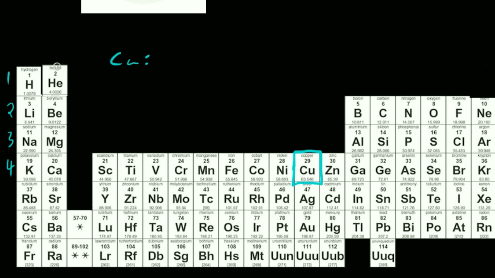So filling up our lowest energy orbitals, we start off with 1s2, 2s2, 2p6, 3s2, 3p6, and now we're at our 4s orbitals. So we go with 4s2, and now we're in our D block.